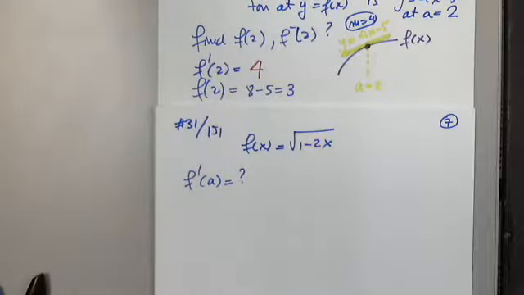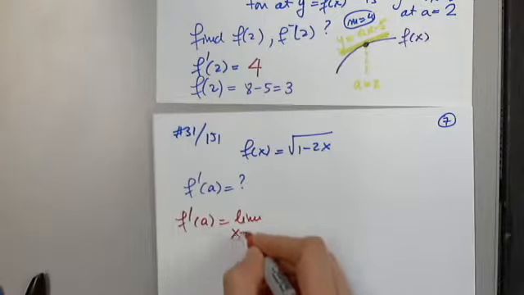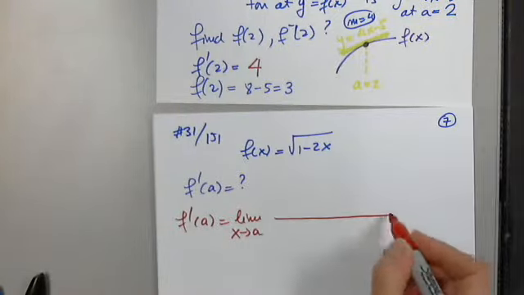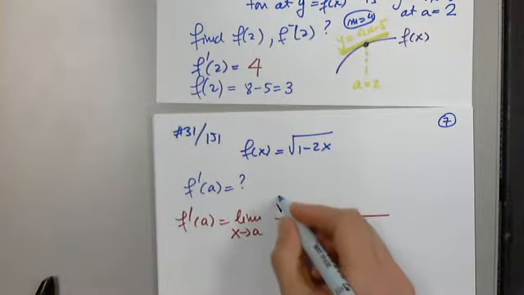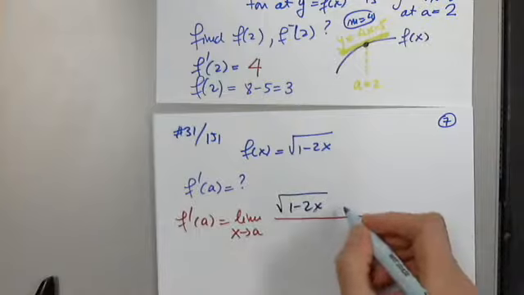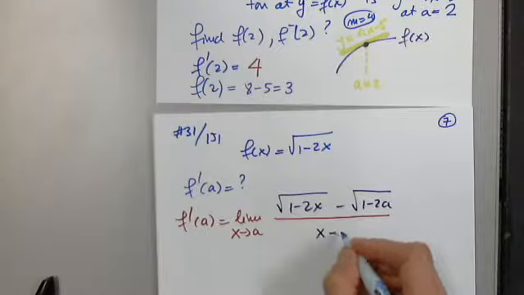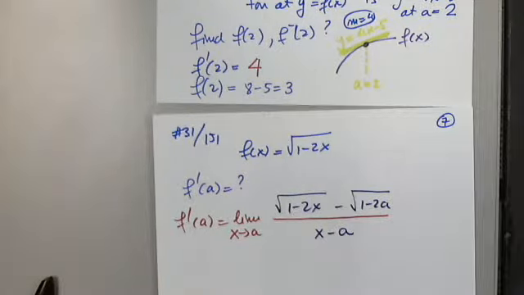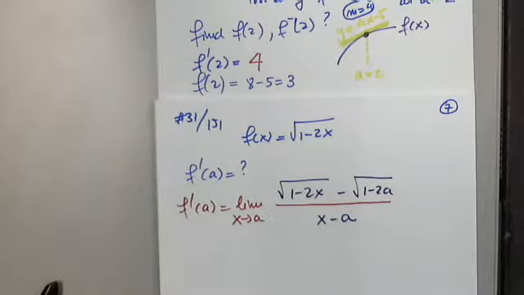So, please dictate. f prime of a will be the limit as x approaches a of, again, no one is indicating one or the other, the square root of 1 minus 2x minus the square root of 1 minus 2a, divided by x minus a. Actually, this is probably a better definition for this particular function.